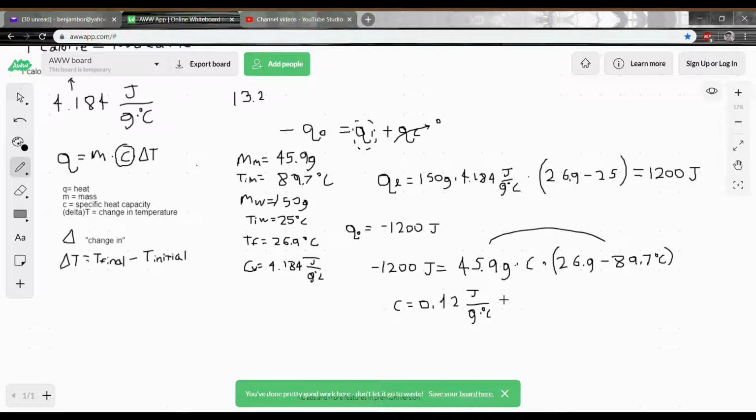So, looking over, we see that the two closest metals with a 0.42 specific heat capacity are nickel and iron. So we can be reasonably confident that the unknown metal is either nickel or iron. A little bit closer to nickel than it is iron.